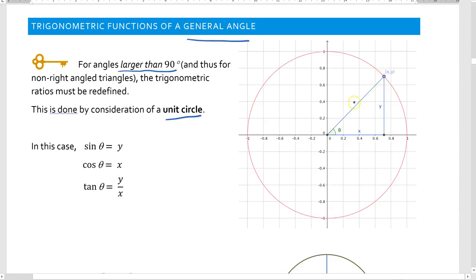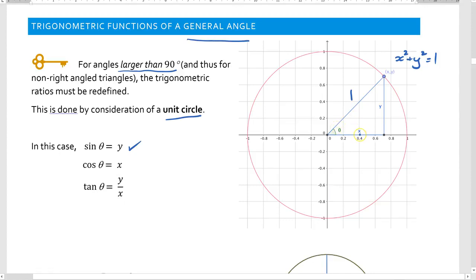So if we consider our triangle inside a unit circle, and a unit circle is this, x squared plus y squared equals 1, then we can see our triangle will have a hypotenuse of length 1. So if theta is the angle here, so the angle compared to the horizontal or the x-axis, then for theta, sine of theta is the opposite over the hypotenuse, so y over 1, which is just y.